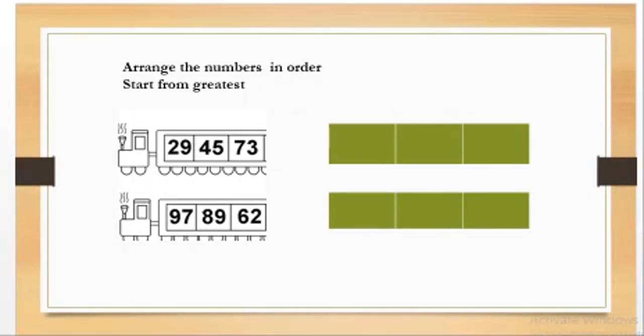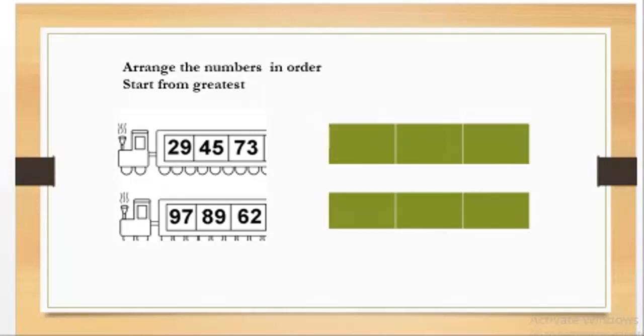Arrange the numbers in order. Start from greatest. Yes. In the previous slide, you arranged the numbers from smallest to greatest. But in this slide, you are going to arrange the numbers from greatest to smallest. So which is the greatest number?